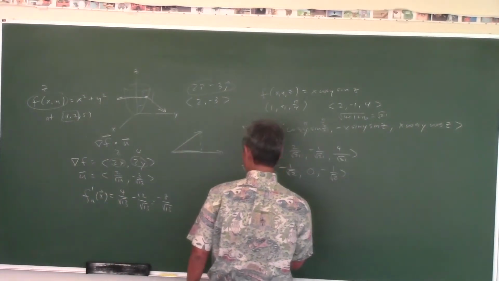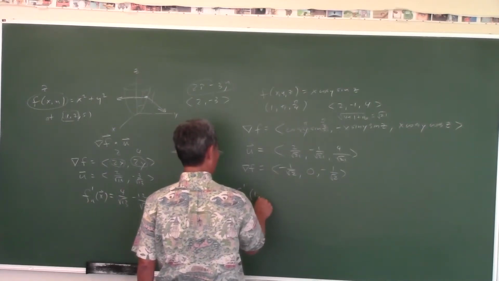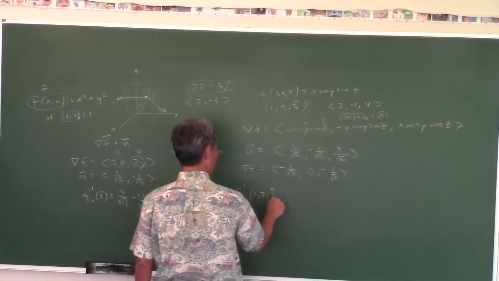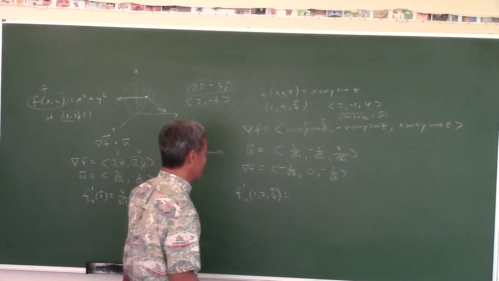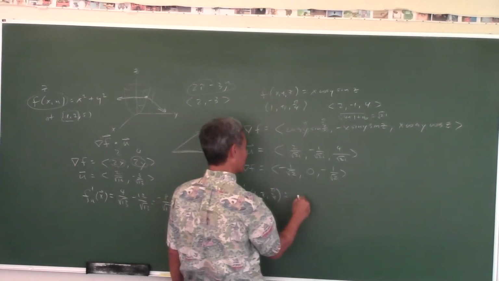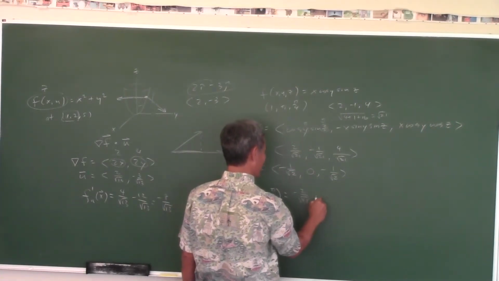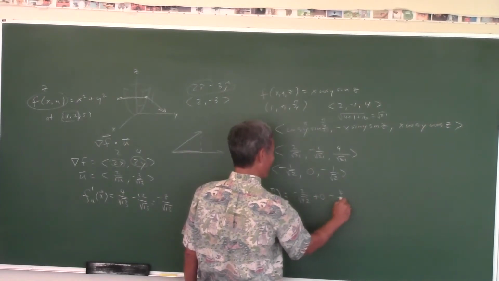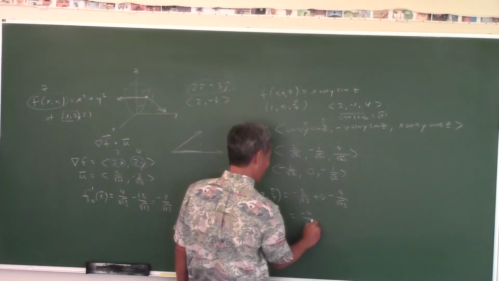So to compute the directional derivative at this point, maybe I should put the point here. That'll be proper mathematics there. It is simply the dot product of these two vectors. So multiply the x components. That's negative 2 over root 42. Plus 0 minus 4 over root 42. This is negative 6 over root 42.